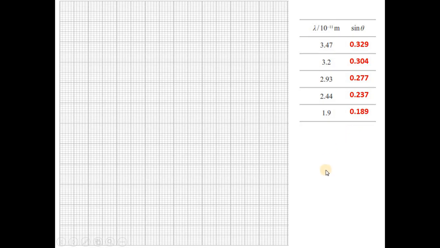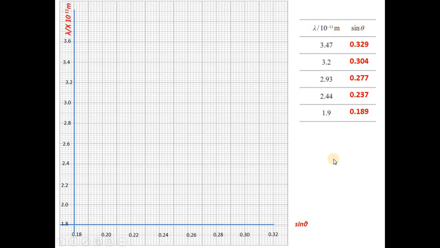On the x-axis we have sine theta values starting from 0.189 reaching 0.329. I started at 0.18, then 0.32. You can choose, because this is a small graph. This is my x-axis, and on the y-axis this is lambda in 10 to the power minus 11 meter, starting from 1.8, 2, and so on. And now you can plot the graph.